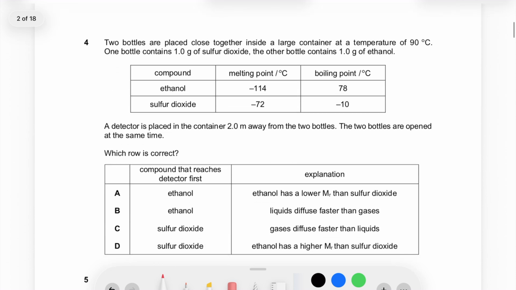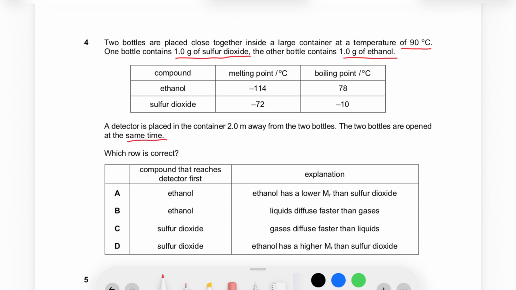Question 4. Two bottles are placed close together in a large container at a temperature of 90 degrees Celsius. One contains 1 gram of SO2, and the other 1 gram of ethanol. You have the melting and boiling points shown here. A detector is placed in the container 2 meters away from the two bottles. They are opened at the same time.